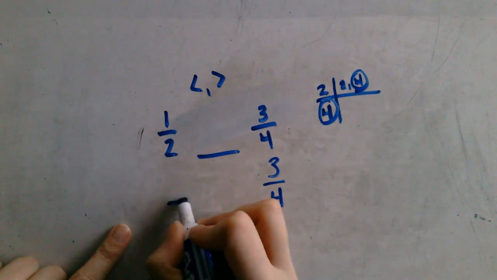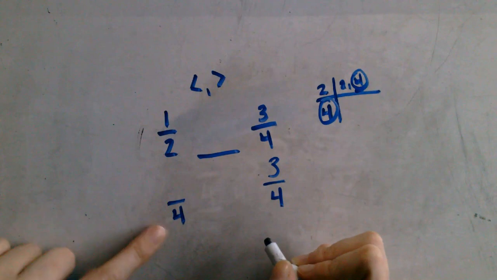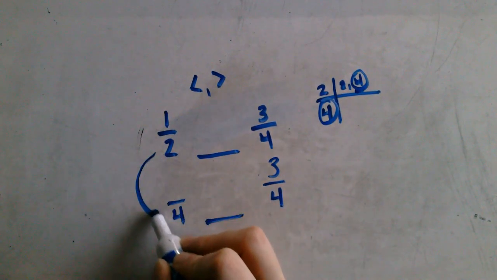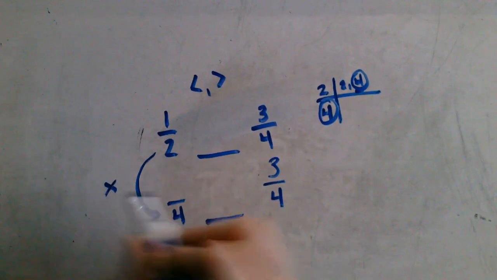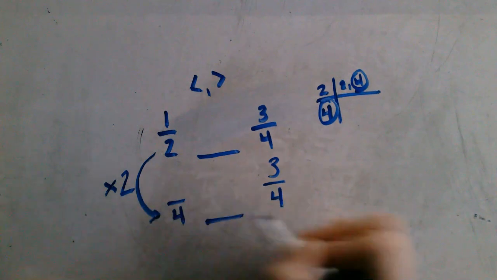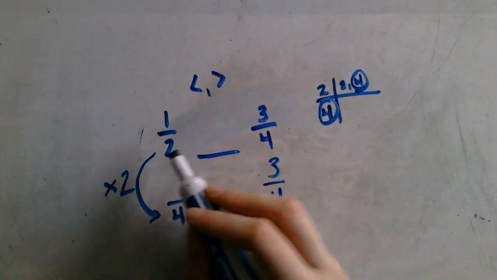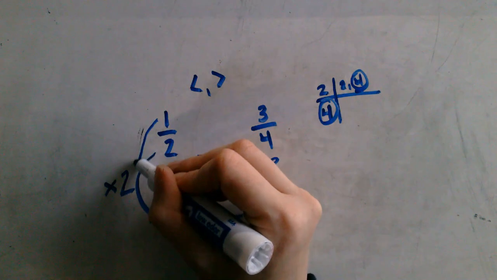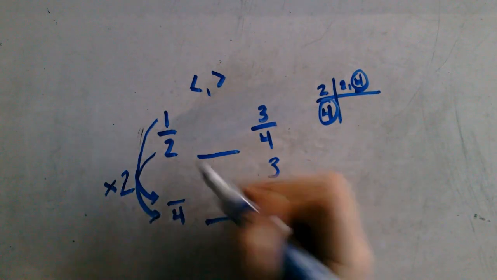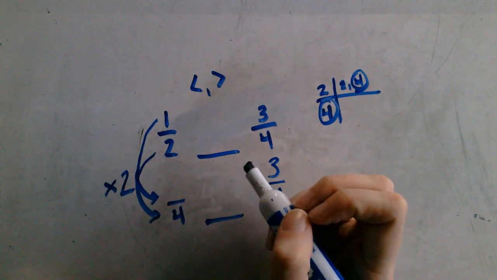And I have to change 1/2 so that it has that common denominator of 4. When I think about what I need to multiply 2 by to get 4, I multiply 2 times 2 to get 4. So since I did that to the bottom of my fraction, I have to do it to the top of my fraction. What's 1 times 2, everybody?